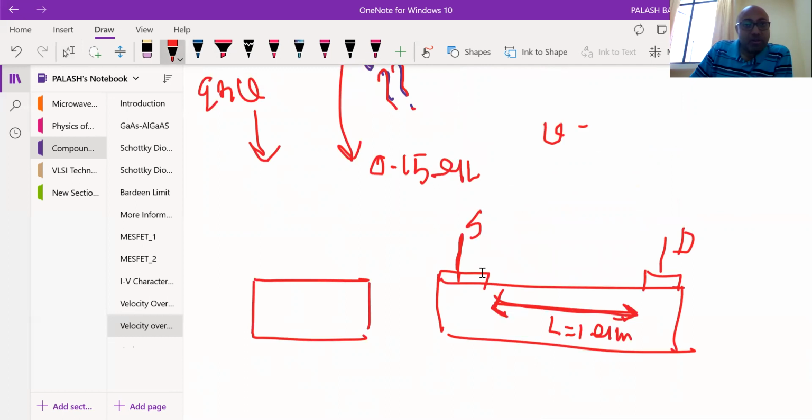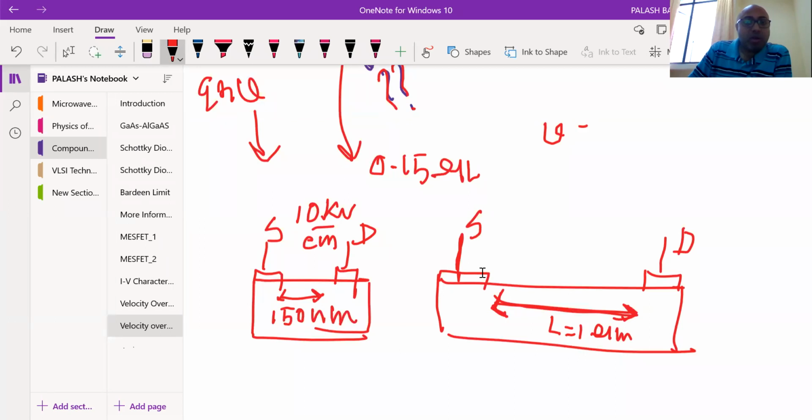One is a short channel, where you are applying 10 kilovolt per centimeter across source and drain and the length is 150 nanometer. The other is the same 10 kilovolt per centimeter, but a long length, L equal to 1 micrometer. So here we understood the first case, right?